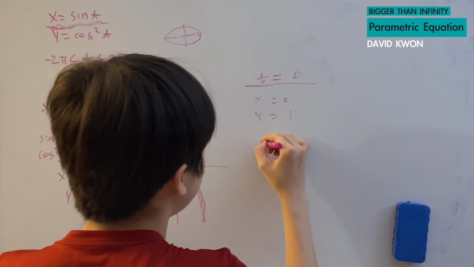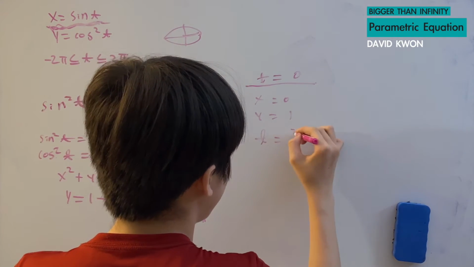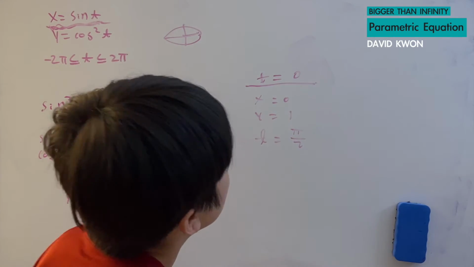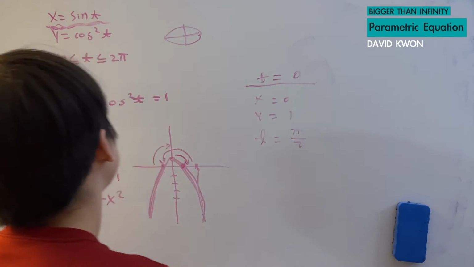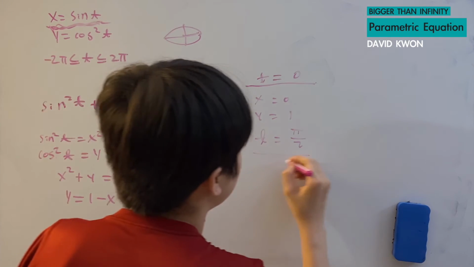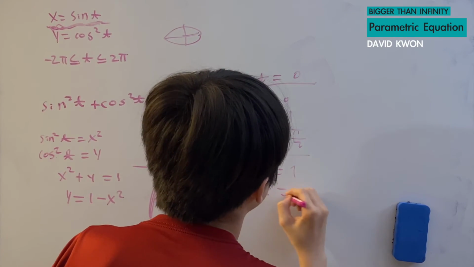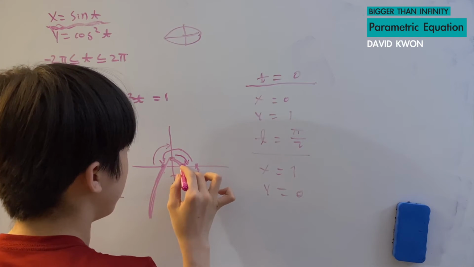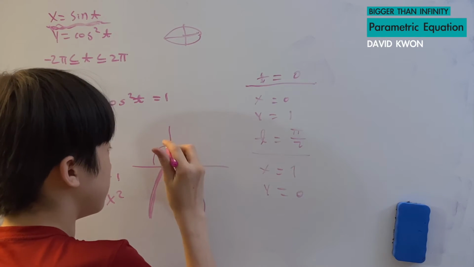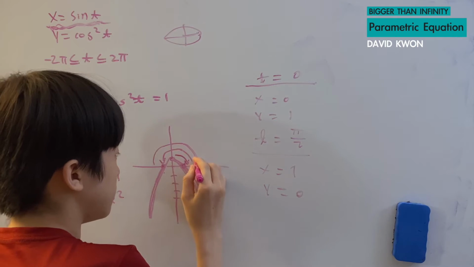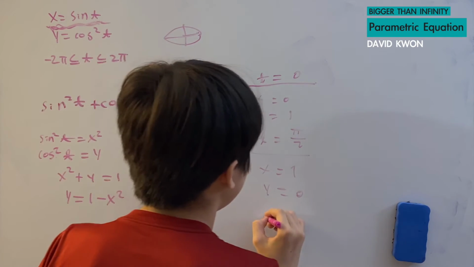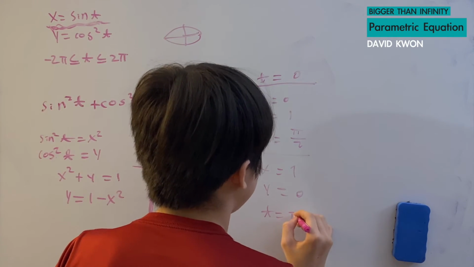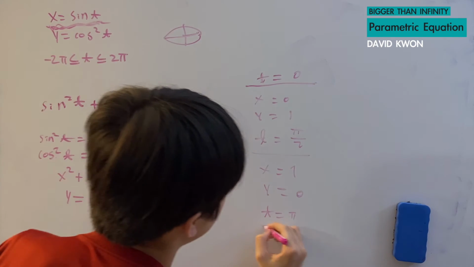And then when t is pi over 2, put it in there. x is equal to 1 and y is equal to 0. When x is 1, y is equal to 0, right here. So it didn't go only to this point, it went all the way down to this point.